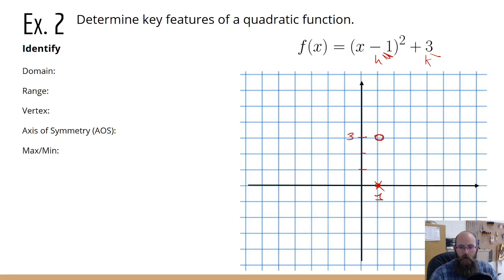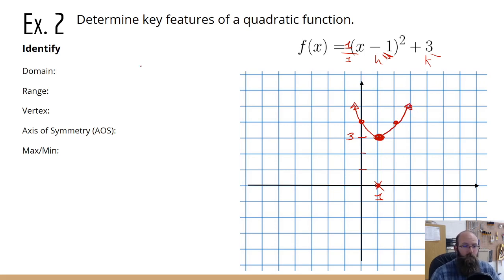So now I'm here, that's my vertex. My amplitude is a 1. Always I put it over 1, no matter what that number is. Even if it's a fraction, I put it over 1. And that just gives me my first iteration, or my first round of where our numbers go. I can't do it after that, because then I end up looking like an absolute value graph. So we look like this now.